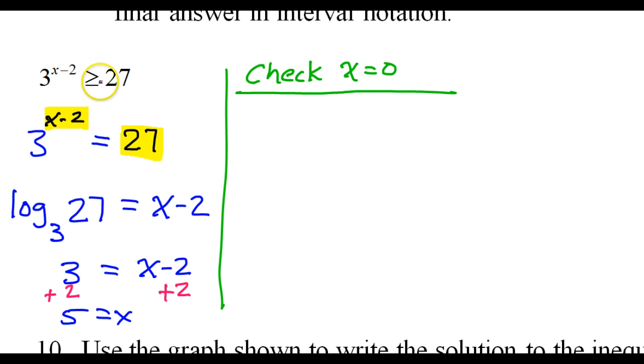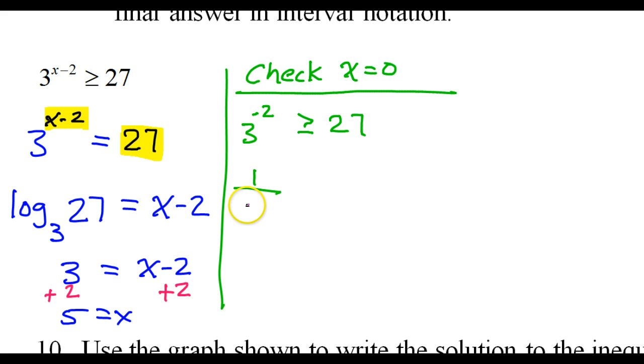So looking at the original inequality, that would give us 3 to the, now if x is 0, then all we really have is negative 2, is greater than or equal to 27. Alright, so we're trying to figure out, is this a true statement? Well, remember, a negative power just drops you down.